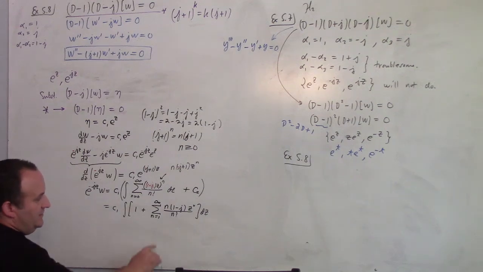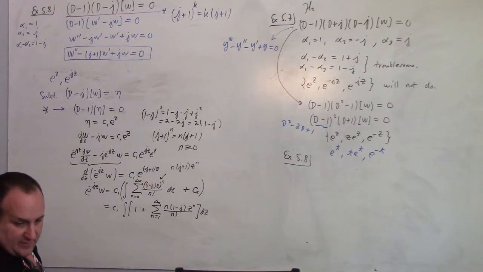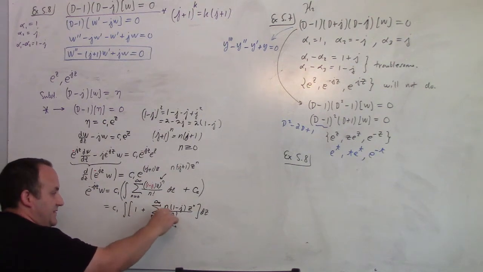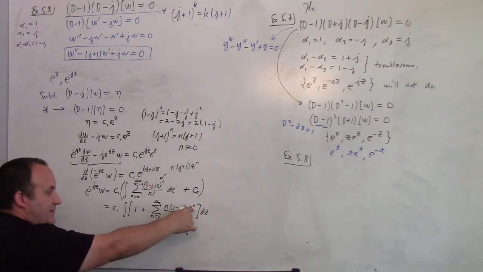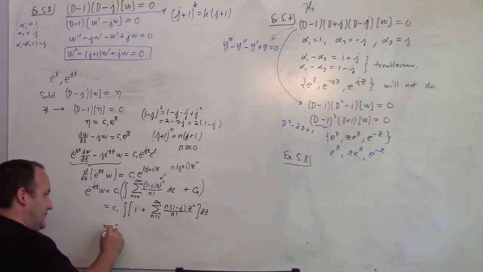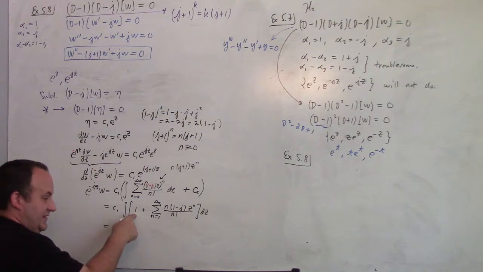All right, so then this and that gives you the n minus 1 factorial that I have in equation 68. When you integrate term by term, you get n plus 1 in the denominator, so you get c1. The 1 is interesting because it integrates to z.